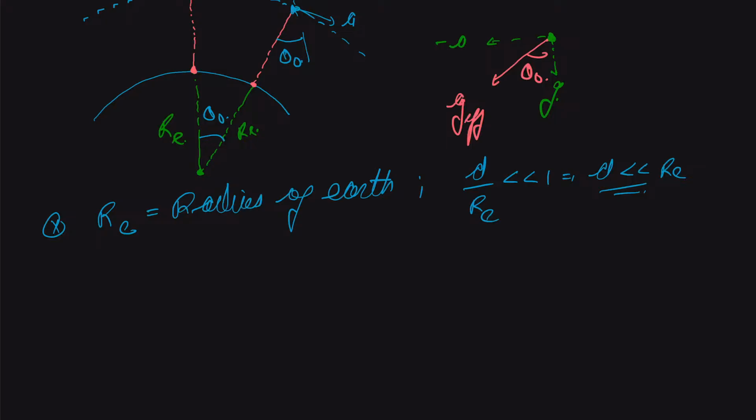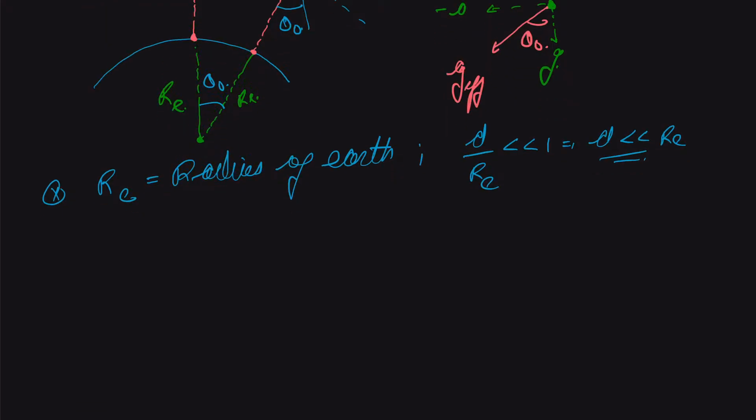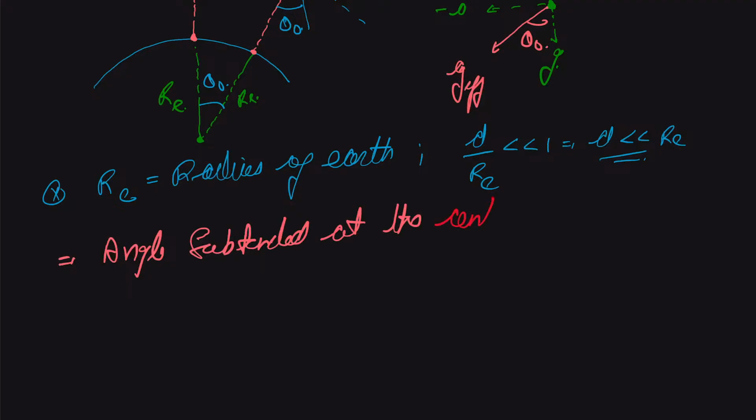And theta naught is the angle subtended at the center, and theta naught is approximately given as d upon Re, which is much less than 1. So this is given to us.